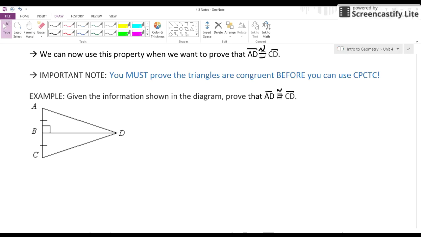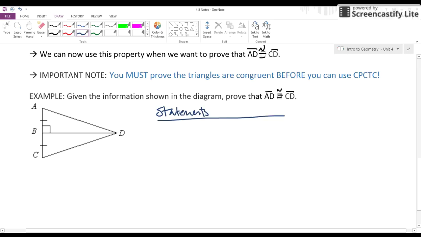So let's actually do a formal proof here so you can see what it looks like. I'm going to set up my statements and reasons. Remember, you can do a paragraph proof or a flowchart proof. It's whatever you want. And then if you look at what I'm given, AB is congruent to CB, right? We are given that angle ABD is a right angle.